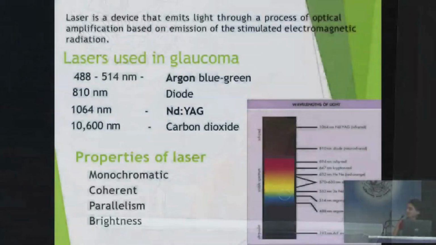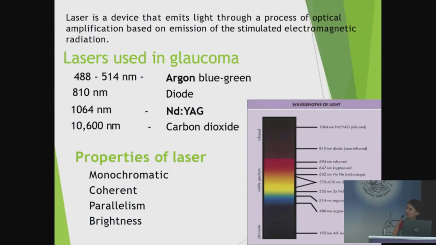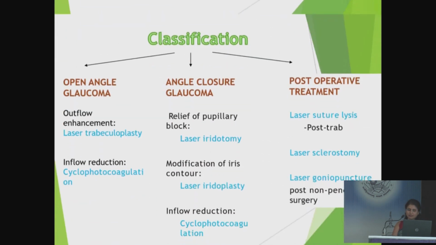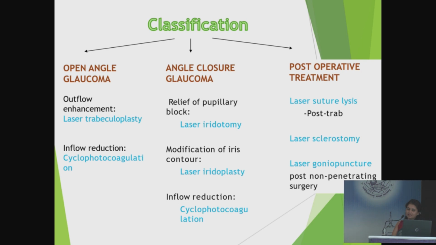We all know that some of the lasers used in glaucoma, the commonest being the argon blue laser and the Nd:YAG laser. The properties of lasers are monochromatic, coherent, and they run parallelly and have good brightness. They basically interact with tissues as photocoagulation, photodisruption, and photoablation. We can classify lasers used in glaucoma as the lasers used in open angle glaucoma to enhance the outflow.